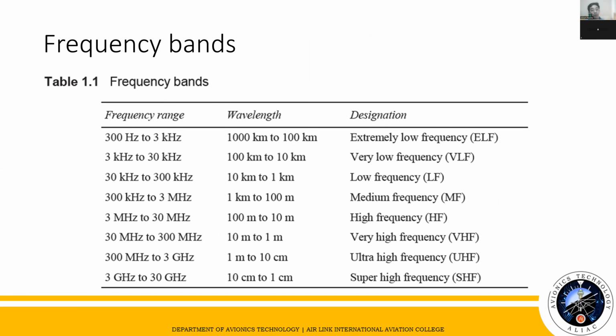Now we will talk about the frequency bands. So for convenience, the radio frequency spectrum is divided into a number of bands, each spanning a decade of frequency. The use to which each frequency range is put depends upon a number of factors, paramount among which is the propagation characteristic within the band concerned.